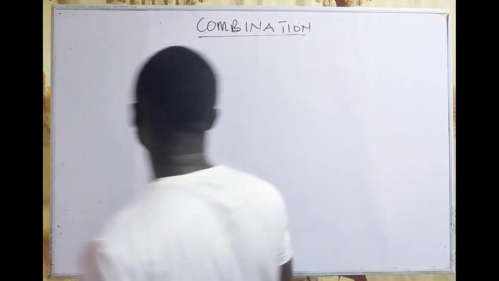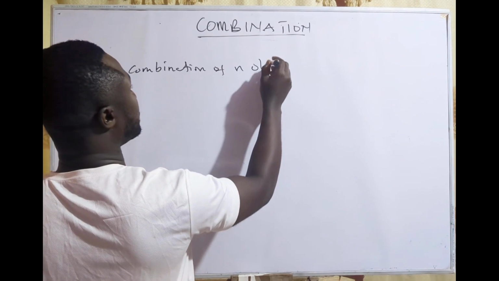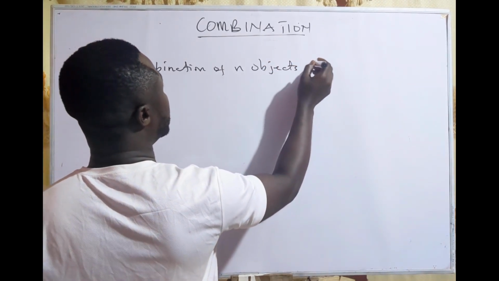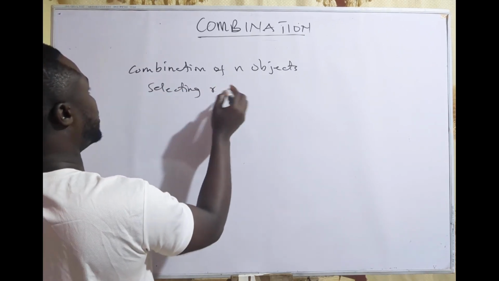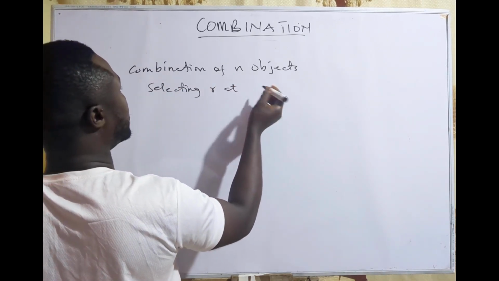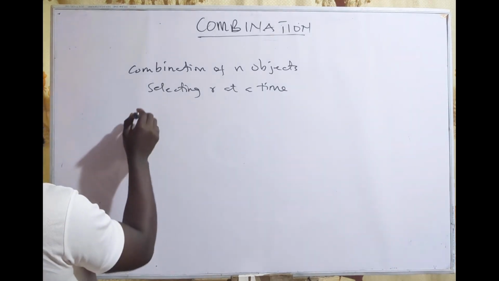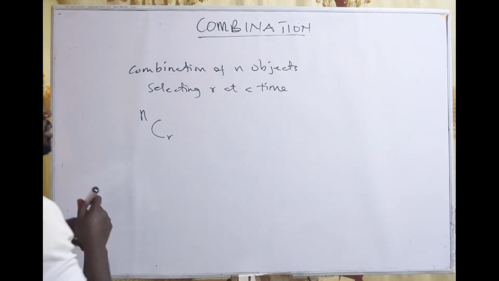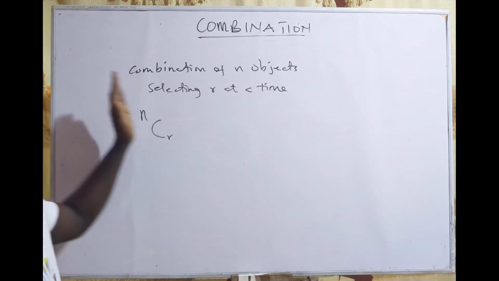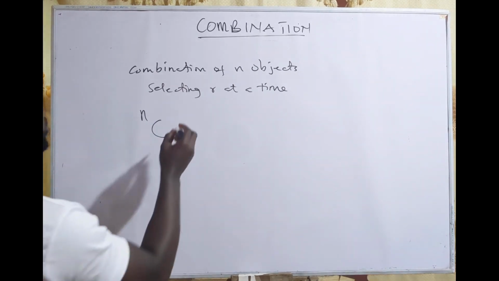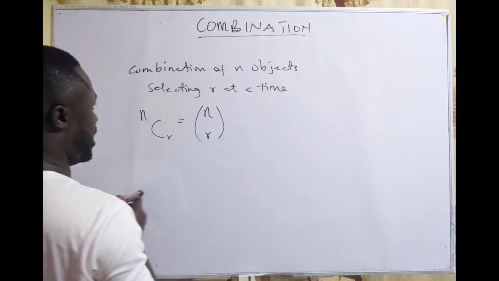All right. So if I have combination of n objects and then selecting R at a time, then that can be written as n combination R, which can also be written as nCR.